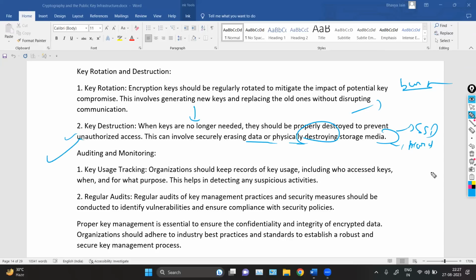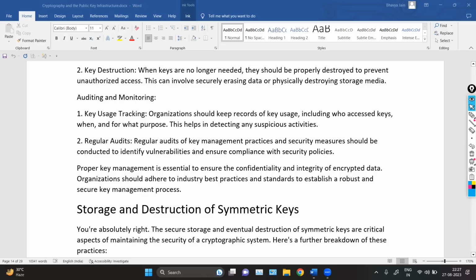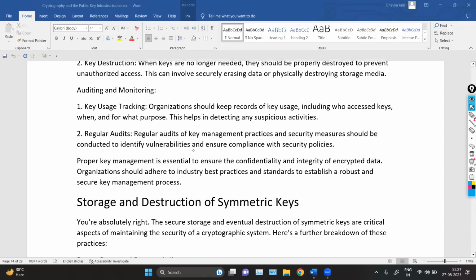Then we have auditing and monitoring. Key usage tracking. Auditing and monitoring is also important. It is all about who has access to these keys, like who are the members of the group who have access to the shared key, what are they doing with the keys, who is leaving the group, who is newly added to the group, etc. So we keep on monitoring and keeping a record of the keys.